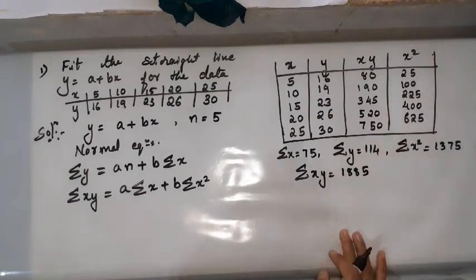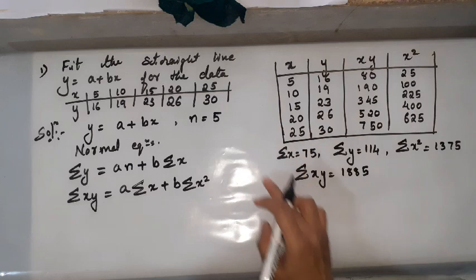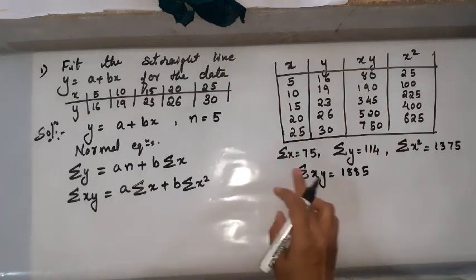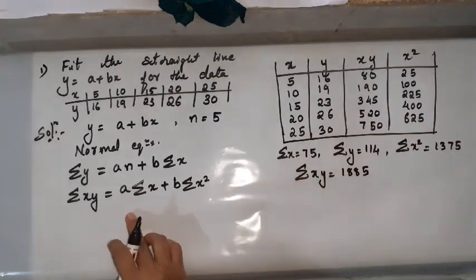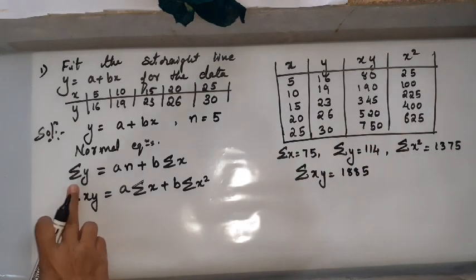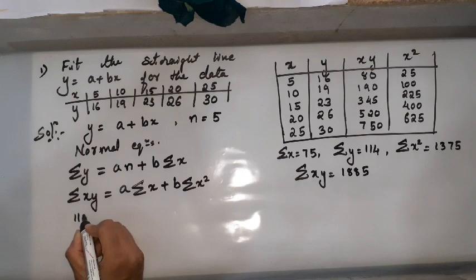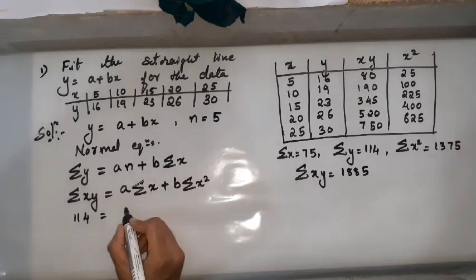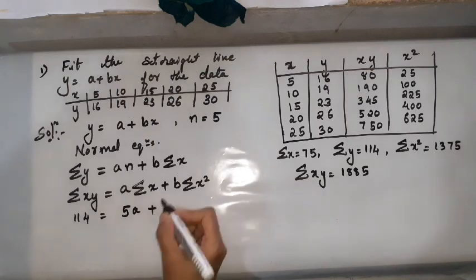So once you evaluate all these values, let us substitute them in the normal equations. All the values you have to substitute in the normal equations. So summation y you have, so it becomes 114 is equal to, value of n is 5, so it becomes 5a plus b as it is.